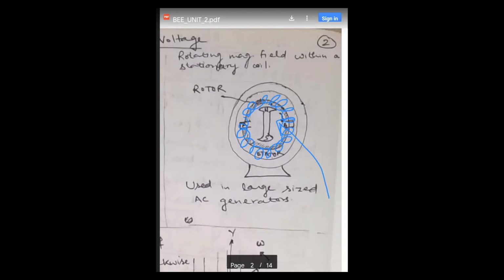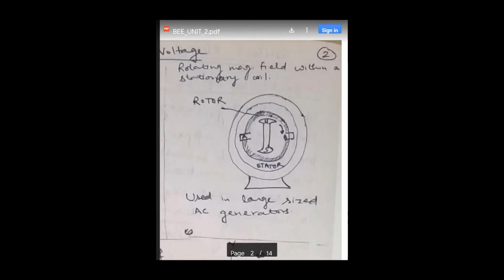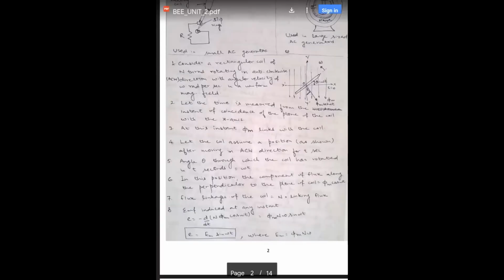In these large size AC generators, there will be movement of rotor or magnetic field, and the conductors remain stationary. Here again there will be relative motion between the magnetic field and the electric field, and hence there will be generation of AC sinusoidal voltage.